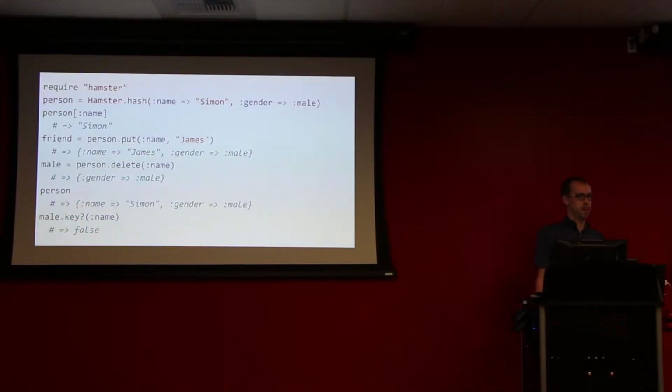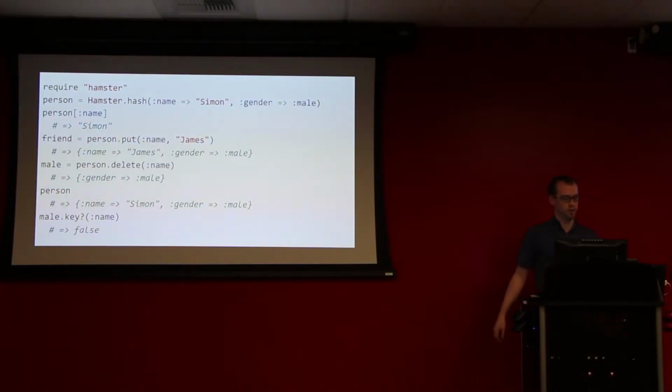But when you want to update the hash, you have to do something special, because you can't mutate it in place. Every time you use a method that would normally be a mutation in place in Ruby, in Hamster collections it returns a new collection that represents that mutation happening. So for example, if you call person.put with a new name, James, you have to assign that to a new variable, like friend.